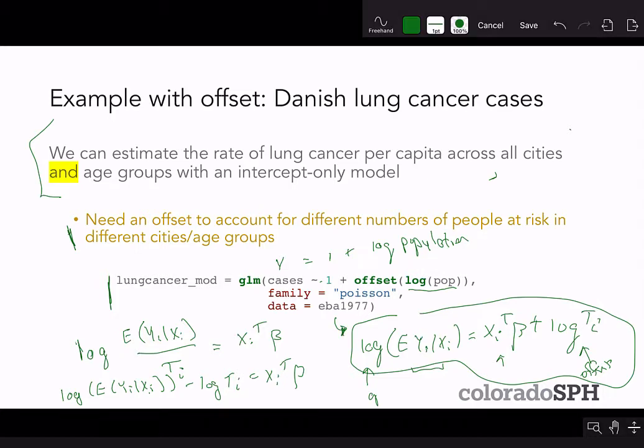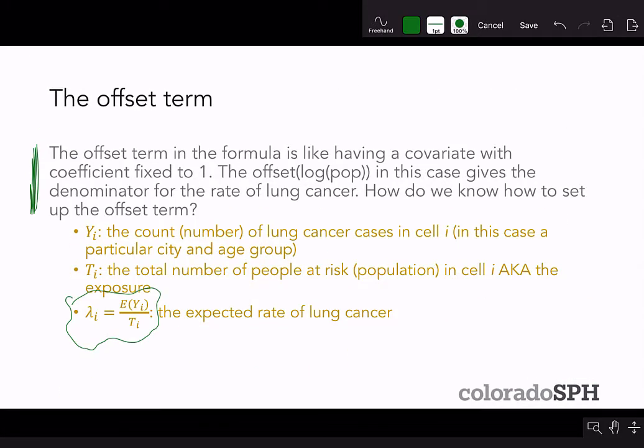And the other thing that I want to point out, the reason that you can't just throw in log of population as a covariate is that it's going to estimate some kind of beta in front of that log term. But you actually want the beta to be restricted to only be equal to 1. What we're going to end up with overall is lambda i, which is going to be the expected rate of lung cancer per person.